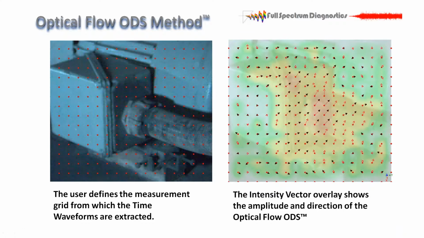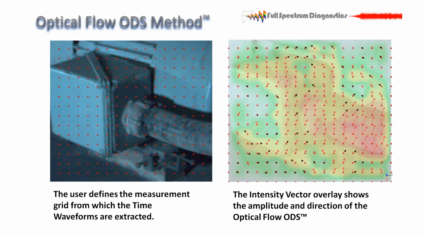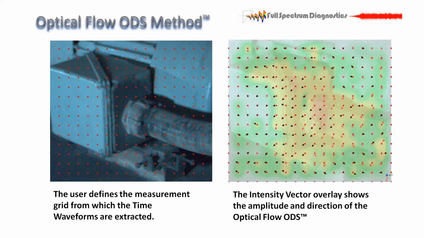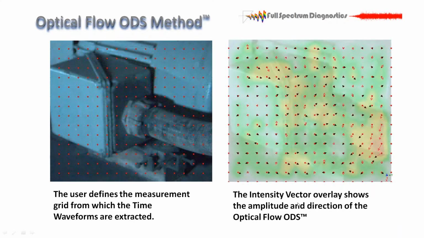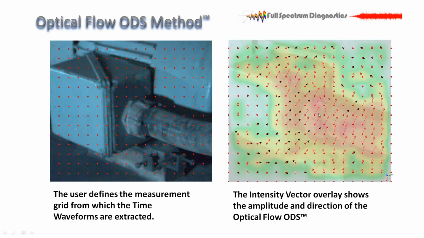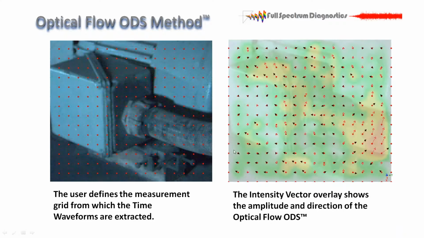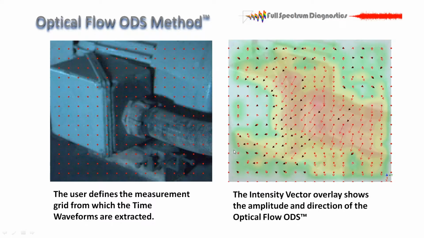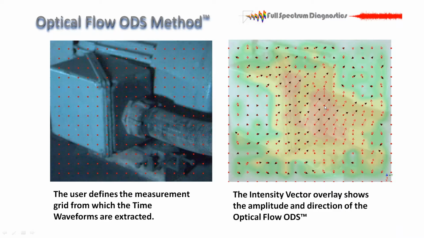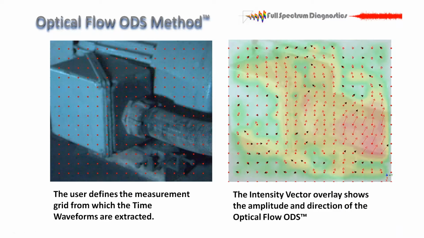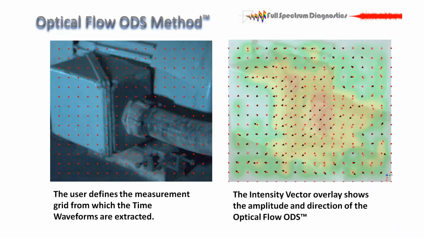So now we can see an amplitude representation of the response in the machine, and we can scale that to whatever our alarm limits are. We can also see a vector look to this animation. And you might not want to have it on here all the time, but you can see how the software works and what directions the image, or the animation image, flows.